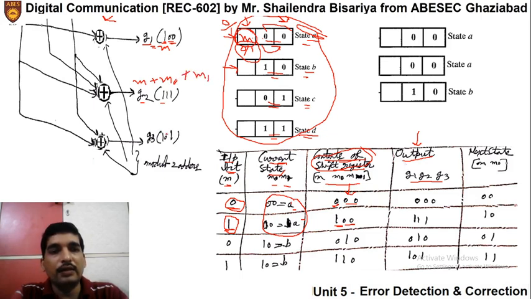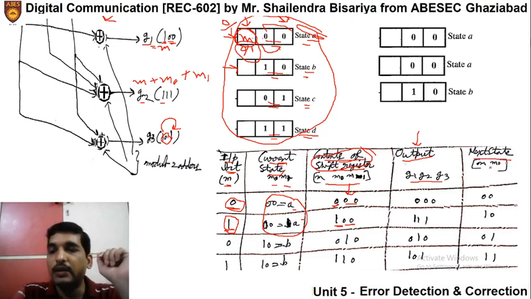And G3 is XORing of 1 and the third bit. We are neglecting the second bit since it is 0. So we will find the value of G1, G2 and G3 for this case, and we will define the next state. What will be the next state?